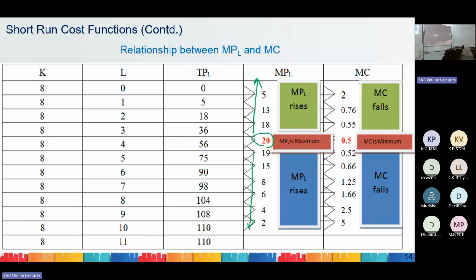Corresponding to that, marginal cost falls initially and reaches the minimum, and then it rises. Here it falls.